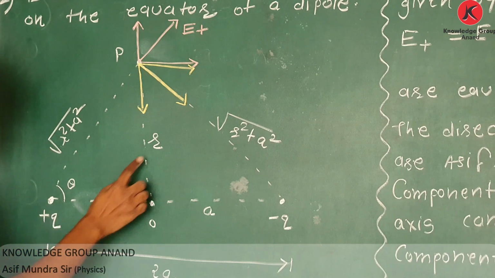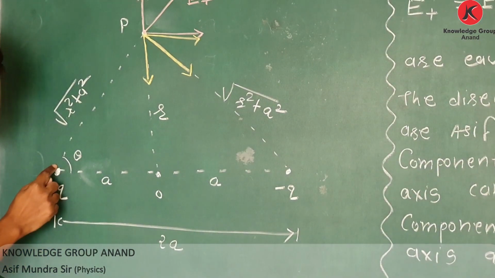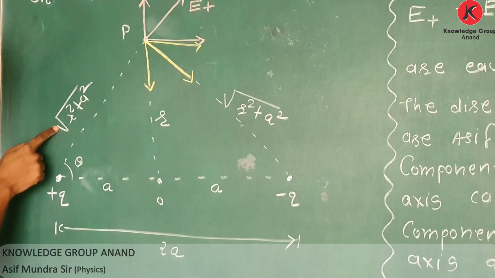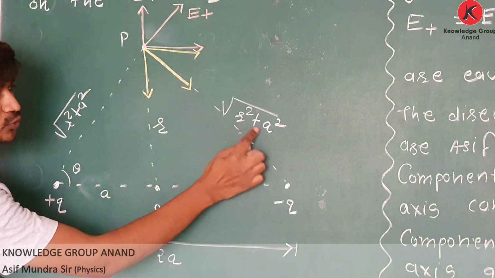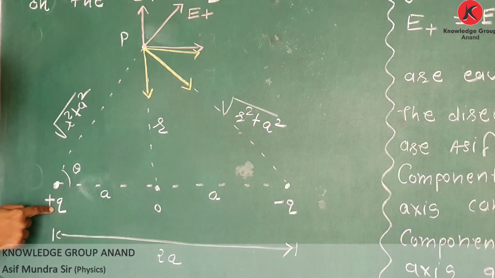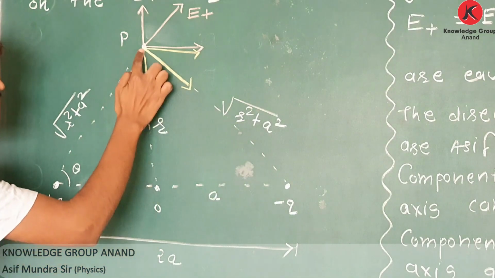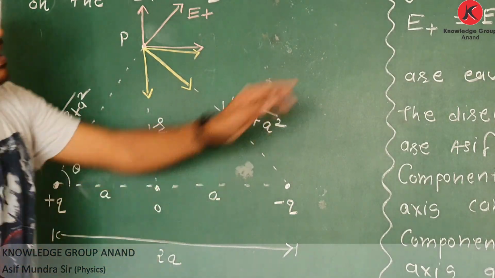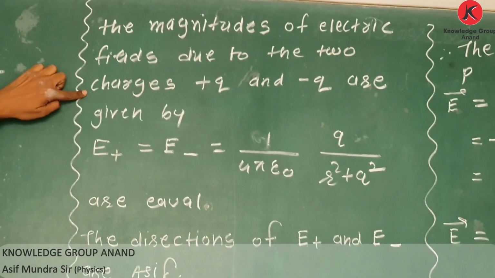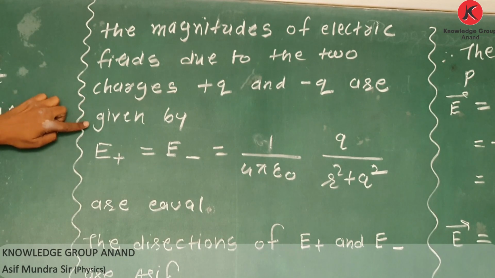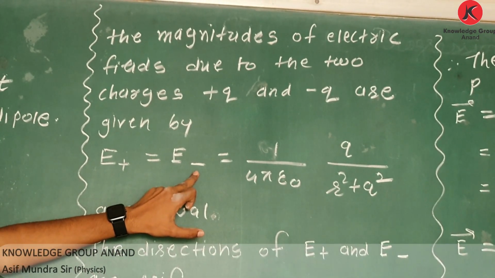See, it is a right angle triangle with sides a and r. So what is this distance? Under root r square plus a square, according to Pythagoras theorem. Similarly, this distance is also under root r square plus a square. The magnitudes of the charges are equal and the distances are equal. So the magnitudes of the electric field due to the two charges plus q and minus q are given by E plus is equal to E minus. They are equal. Why equal?